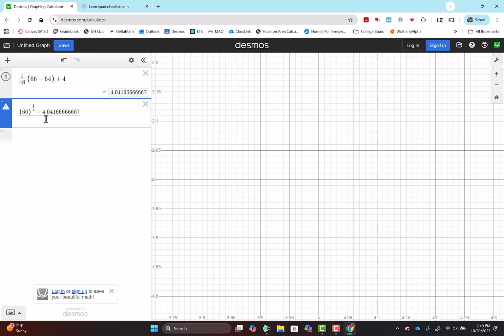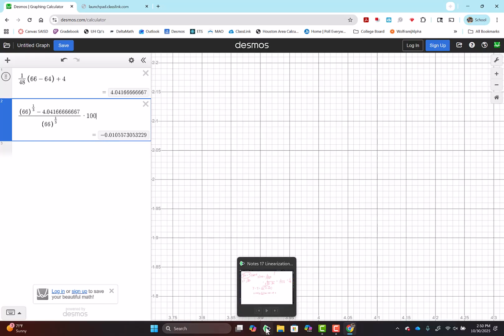I'll find out before we take the test. All divided by the actual value. And then what do I do with that? I multiply that by what, to get it as a percentage? 100. There it is. Take the absolute value. So 0.01%. Is 0.01% in there? Okay.